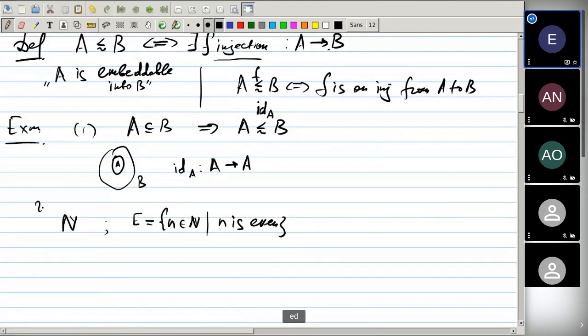Clearly, from our first example, it follows that E is a subset of N, hence, of course, E is embeddable. Is it clear? Yes. But is it true that the set of all naturals is embeddable into the set of even naturals? Clearly, it is not a subset. There are naturals which are odd. But is it embeddable?